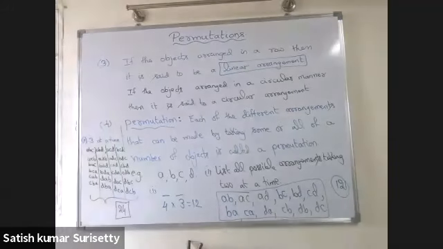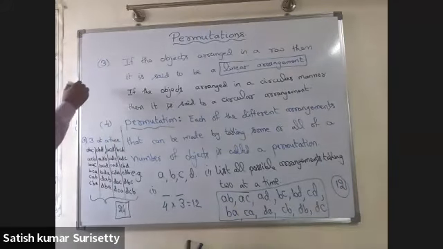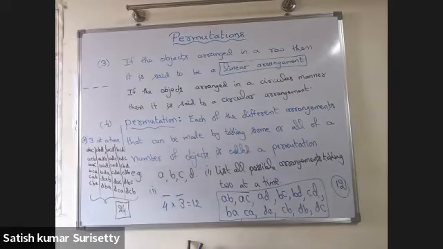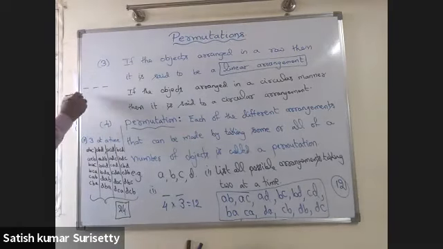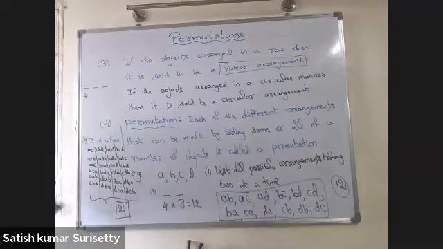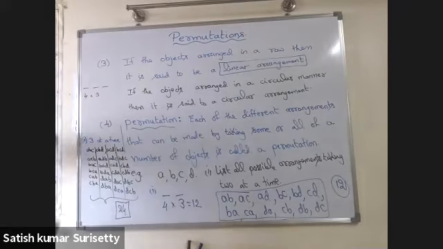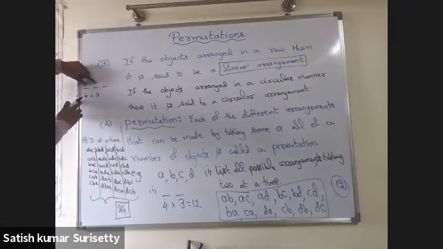Exactly in the same manner, if I consider 3 blanks, that is for the second bit, 3 at a time. The first blank can be filled in 4 ways and the second blank can be filled in 3 ways. The 2 blanks together can be filled in 4 into 3 ways.